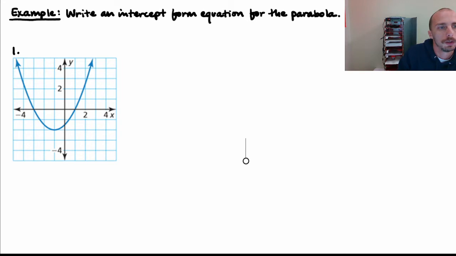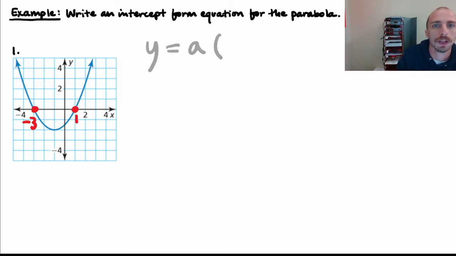Now, if we want to write an intercept form equation and we're looking at a picture of the graph, we're going to start with the zeros and then we'll figure out the leading coefficient after. I'm seeing that the zeros are at x equals 1 and x equals -3. The intercept form starts y equals some number a, which is the same a as the leading coefficient in ax squared plus bx plus c, the same a as a equals 1 over 4p when we're finding focus and directrix.